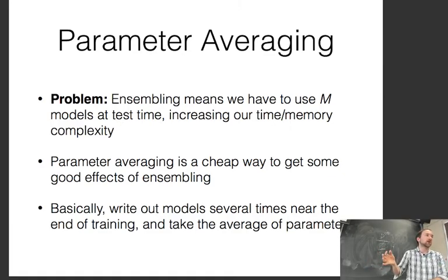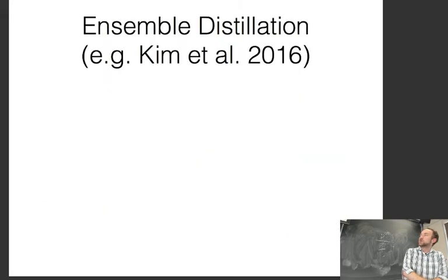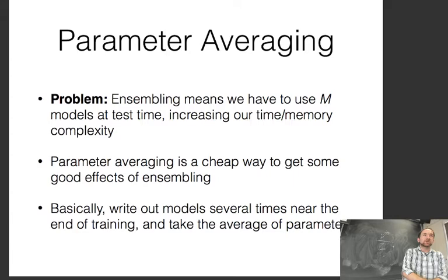We train for another epoch, then write out a model. Then we train again, write out a model. Then we average the parameters of all of those models. And this has the effect of, if any of those particular models had something strange included in them, it kind of smooths over that a little bit and tends to increase accuracy. The good thing about this is it's cheap.